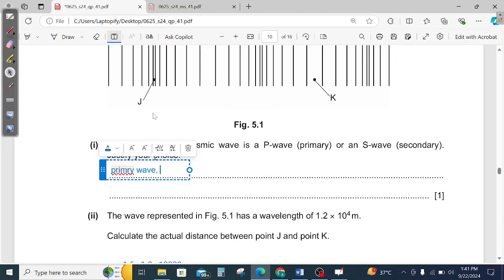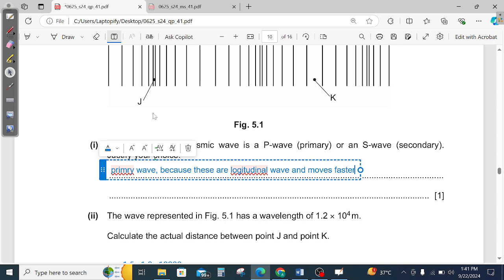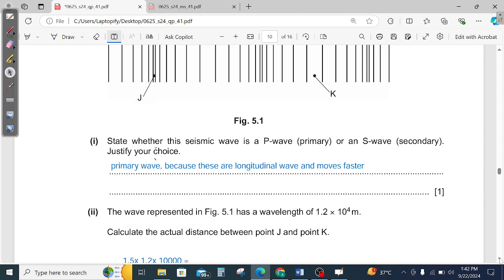They are primary waves because these are longitudinal waves and move faster as compared to secondary waves. This is your primary waves. Okay, you get easily 1 mark.